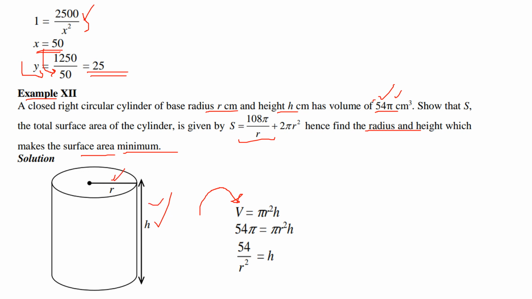So the volume of a cylinder is given by pi r squared h. Substituting the volume which was given as 54 pi, we have 54 pi equal to pi r squared h. First of all, pi is common and cancels off. Then we divide through by r squared to make h the subject, and therefore h is equal to 54 divided by r squared.